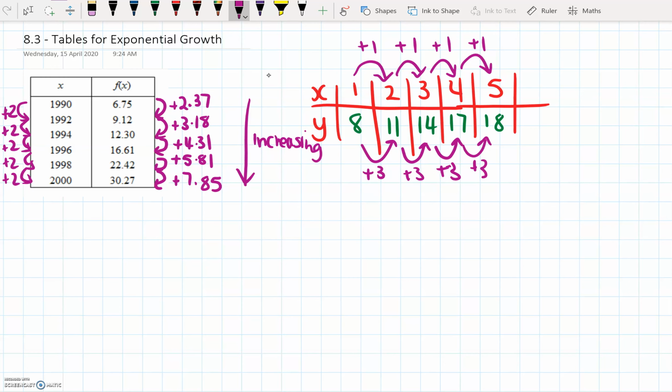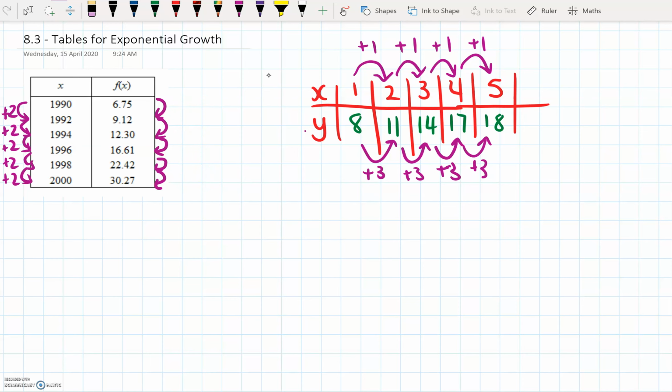All right, that's when we now look to see whether it's going to be exponential. Now there's a nice easy way to check this. To check if it's exponential growth, we just need to divide each term by the one before it. So for our first one, we're going to look at 9.12 divided by 6.75, because those are our first two values.